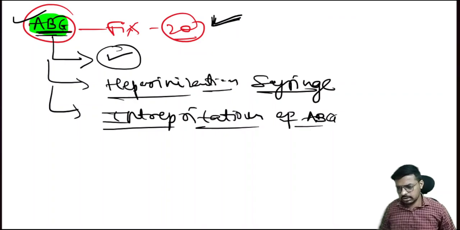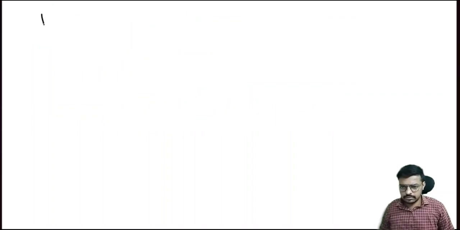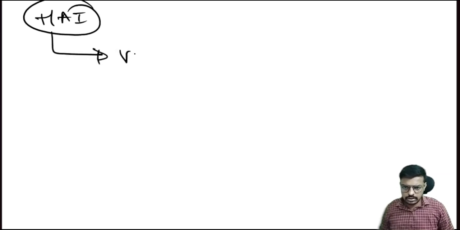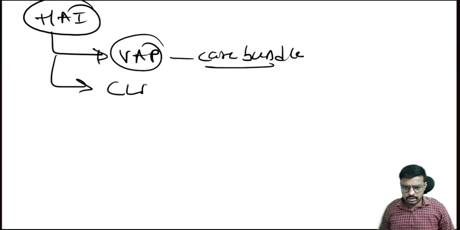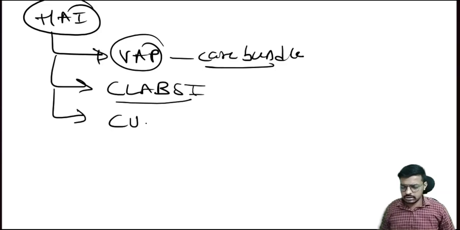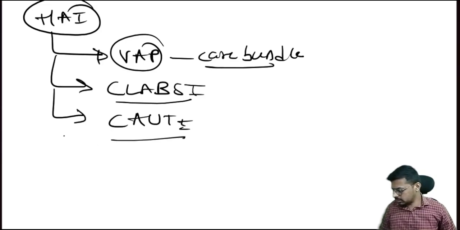ABG. Okay, then comes hospital acquired infections. In hospital acquired infections, must revise ventilator associated pneumonia and its care bundle, and central line associated bloodstream infections, CLABSI, must revise. Catheter associated urinary tract infections, CAUTI, must revise.